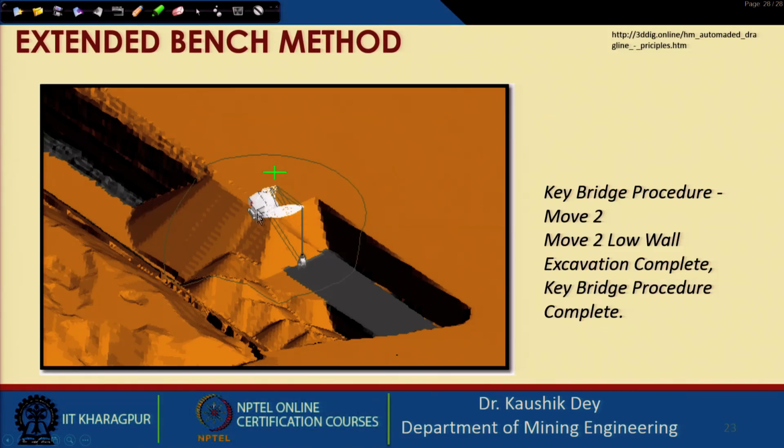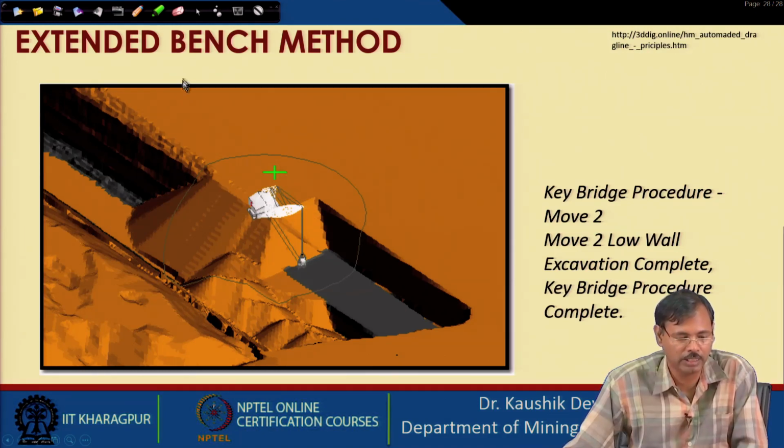That is the next part. From here the dragline will return back to its position and take out the bridge part, and allow the material to be free for the next phase of operation.